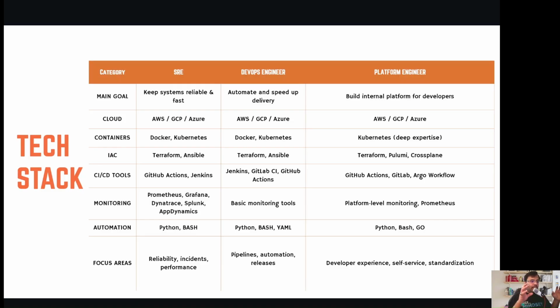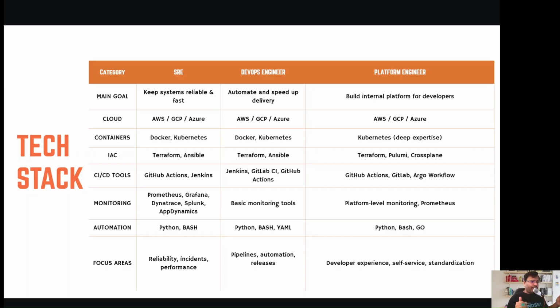I have divided this into various categories, like the goal. The SRE goal is to keep the systems reliable, resilient, and fast. The DevOps role is to automate and speed up the delivery of the software or product. And the platform engineer's goal is to build the internal platform for developers, which I call a self-service tool, right?